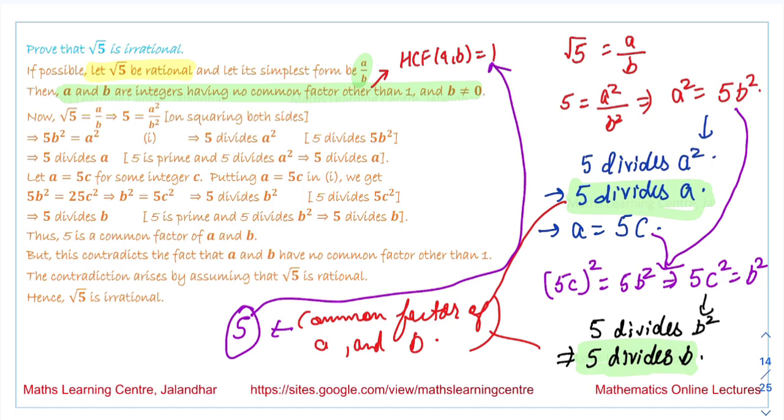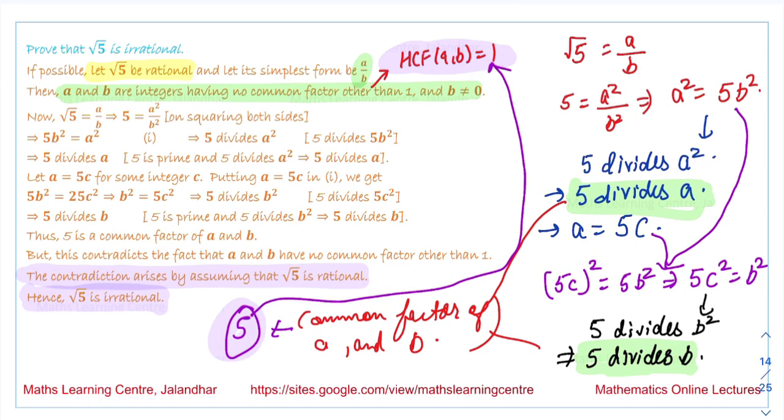That is, root 5 is not a rational number, and if it is not a rational number, it means square root 5 is an irrational number, because this is the contradiction that is arising over here because of our supposition that root 5 is rational.